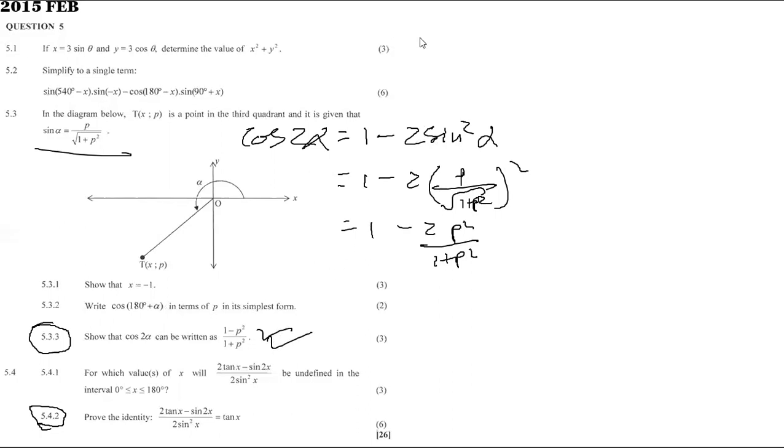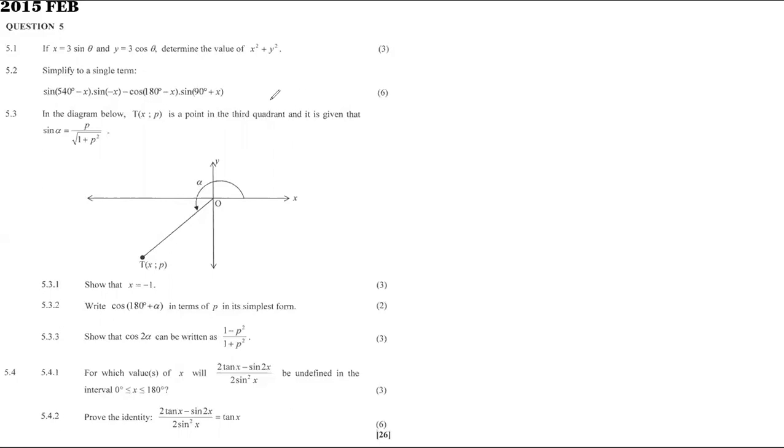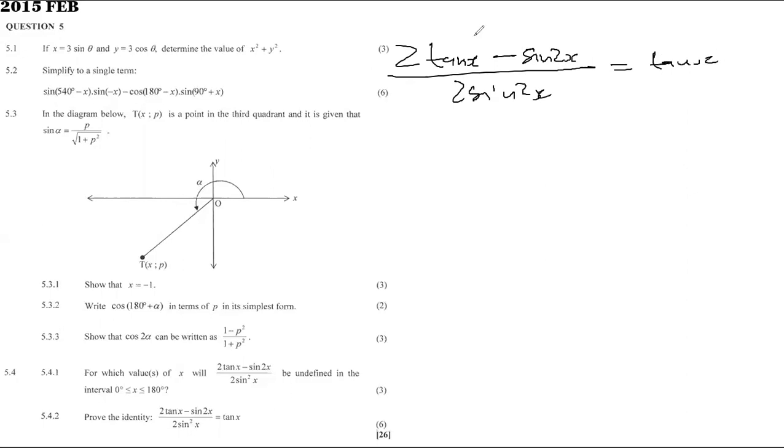Quite straightforward, okay? So let's quickly now prove this identity. I have 2 tan x minus sine 2x over 2 sine squared x, and this is tan x. So we know identities will always have two sides.